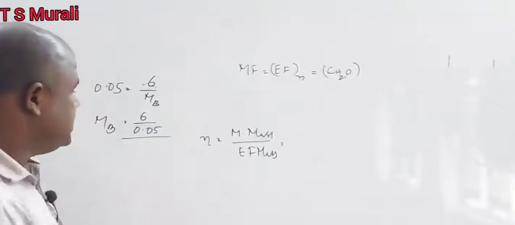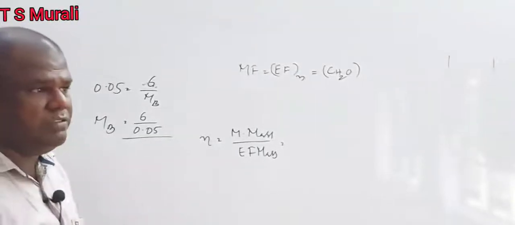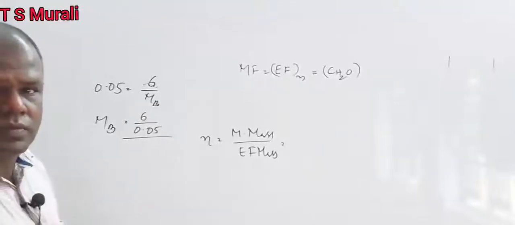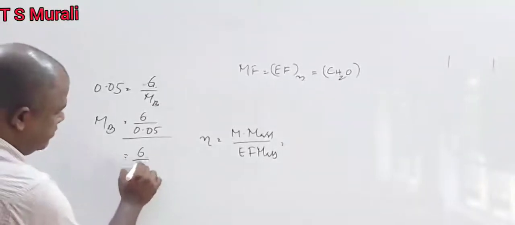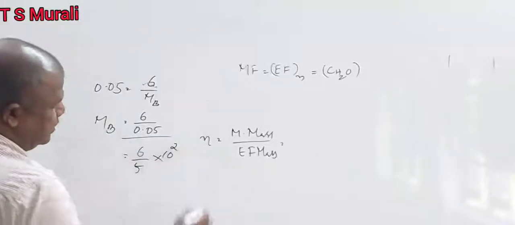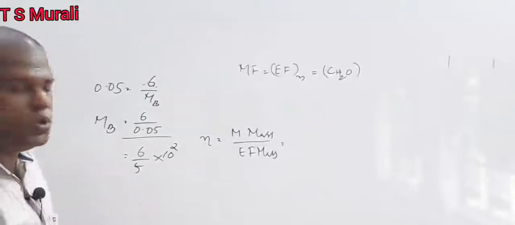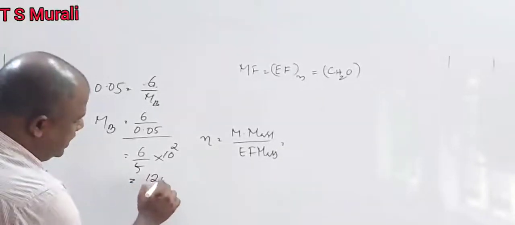That molecular mass is 6 divided by 0.05. What is 6 by 5? 6 by 5 into 10 raised to 2 is 120, so 120 is the molecular mass.